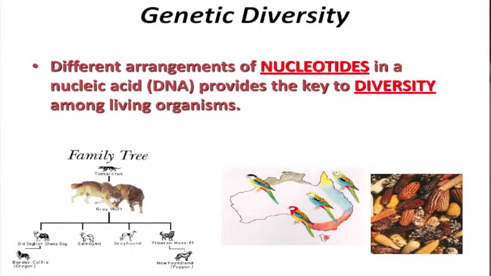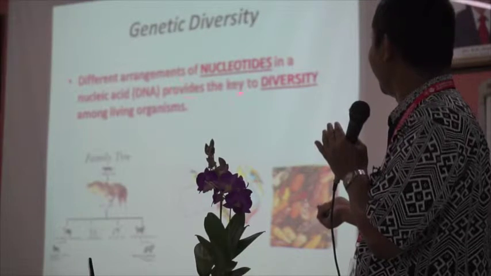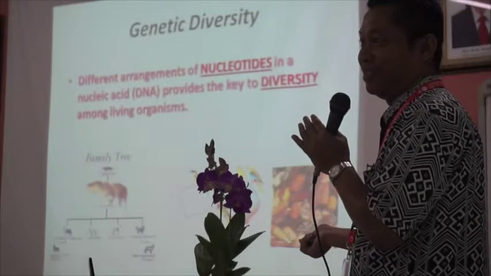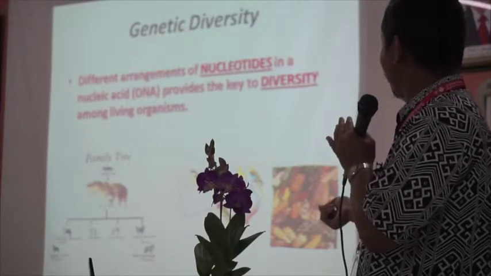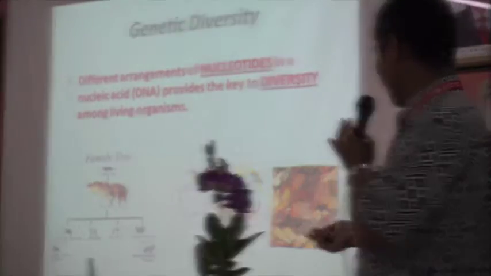So actually, what is different between the bird and mice is in the DNA, in the arrangement of the nucleotides itself. So the material is the same. Our DNA is the same as the DNA of rice, but the arrangement is different. That is the genetic diversity.